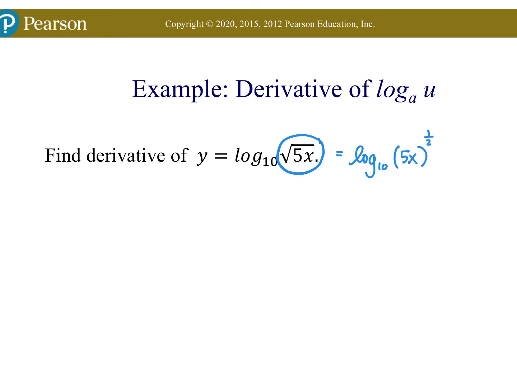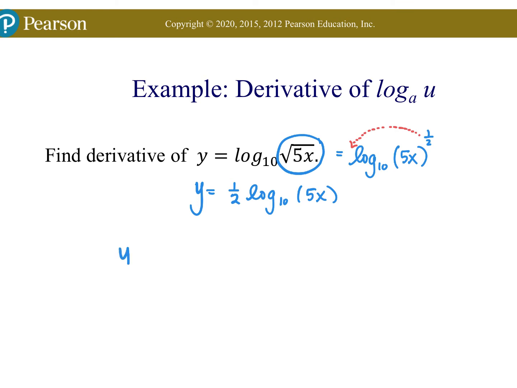What that allows you to do, again, is apply that property of a logarithm where you can pull that power out to the front. So I haven't done any calculus yet. All I've done is some algebraic properties in the log base 10. By doing that, that's going to make my calculus work a little easier.